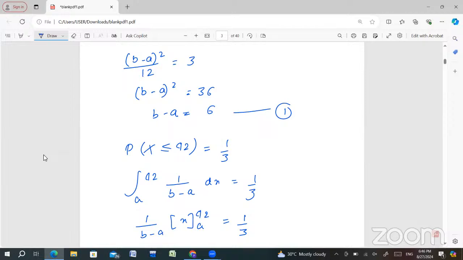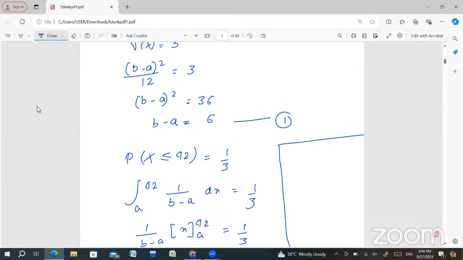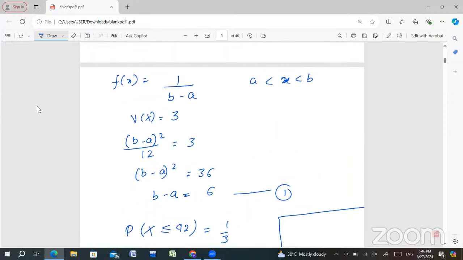We are putting integration here. No, my doubt is not that. My doubt is that in the recent question we are just putting the value directly, like 1 upon b minus a equals something, but in this question we are putting the definite integral. So this is the doubt.